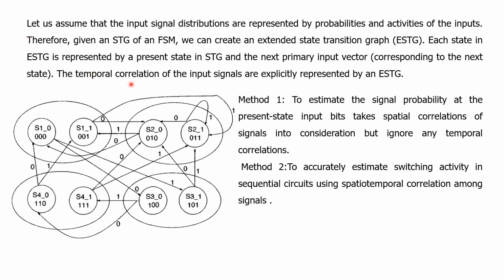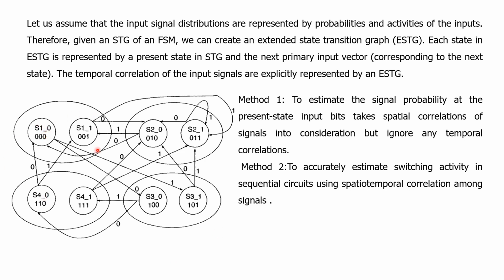The temporal correlation of the input signals is explicitly represented by an ESTG. So this is the extended state transition graph. It states that between state 1 and state 2, only one bit change is accepted. So the previous state diagram can be redrawn like this.